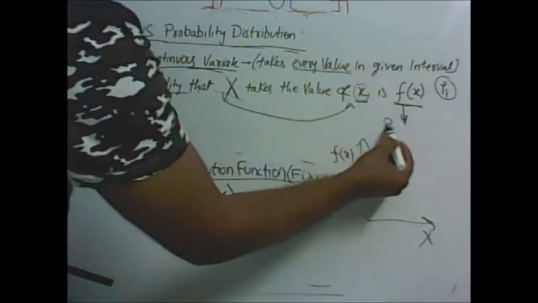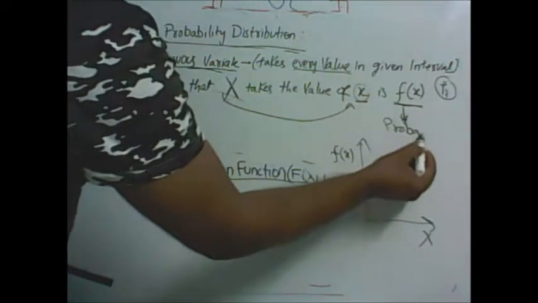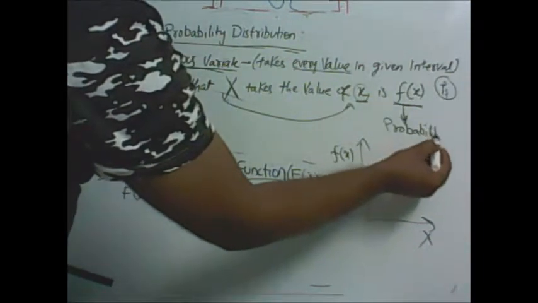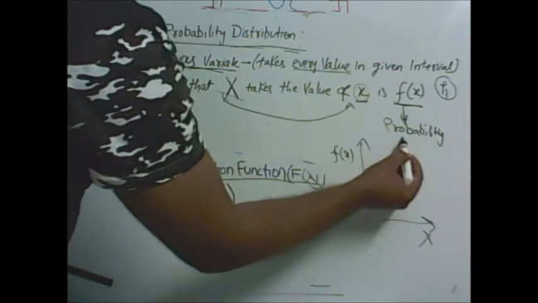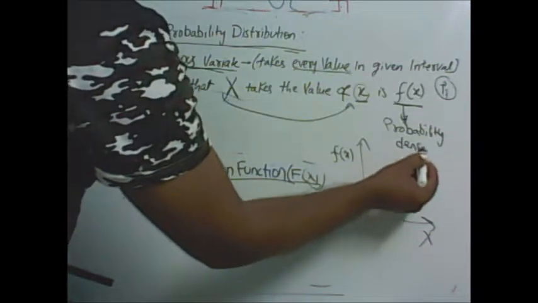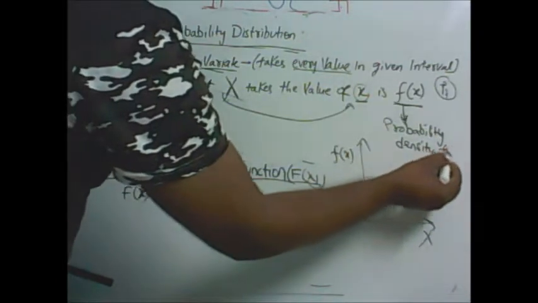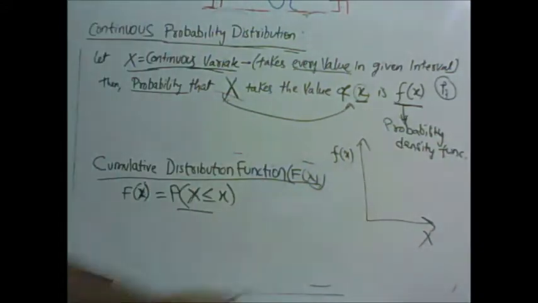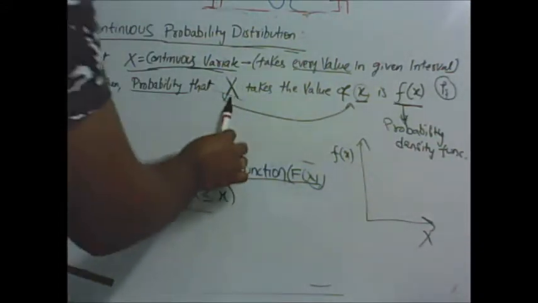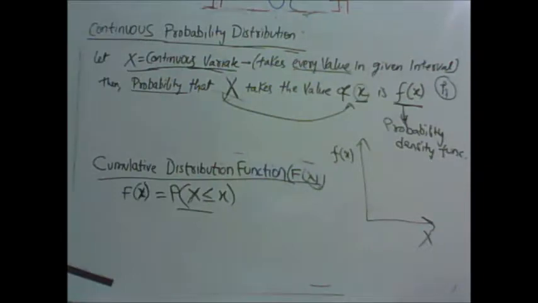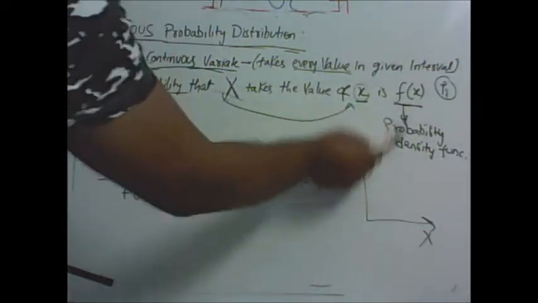This is the probability density function. Now, the probability that x takes this small value x is given by f of x. Okay, now this is the probability density function.